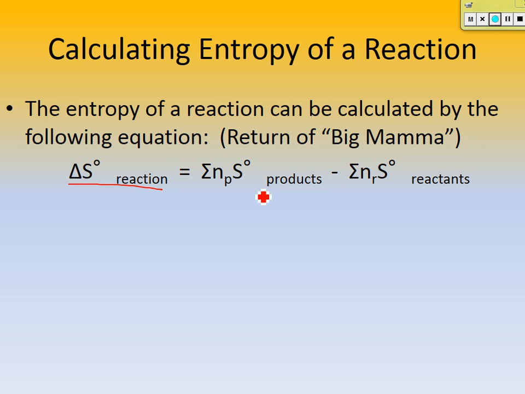See that entropy sign S? We're going to look up those values. Now, what do you notice about the units of those values? It's joules per mole Kelvin. K is for Kelvin. So pay attention to the units.